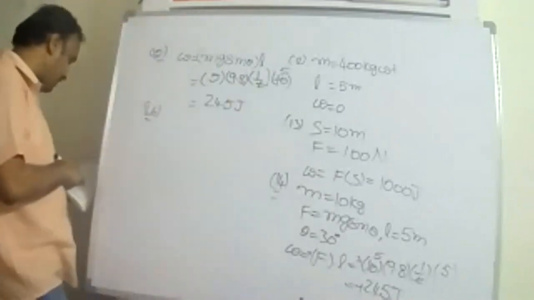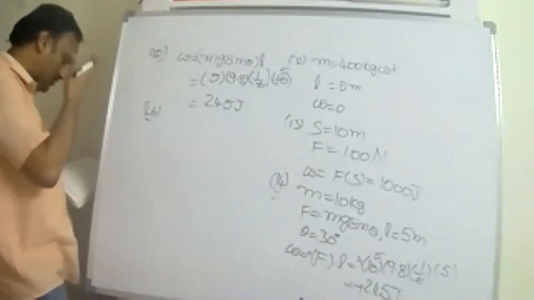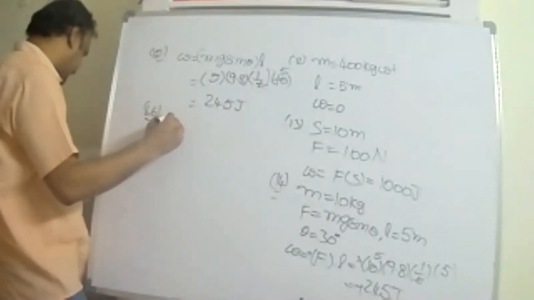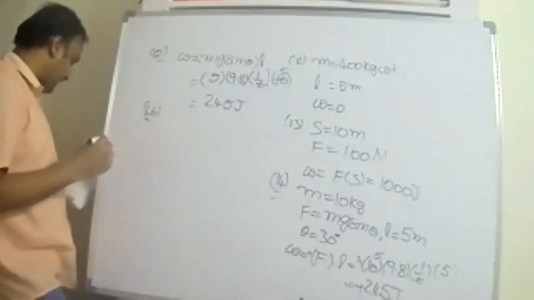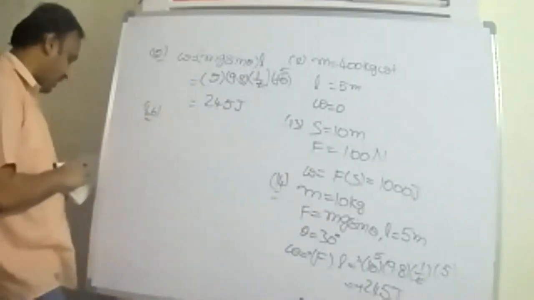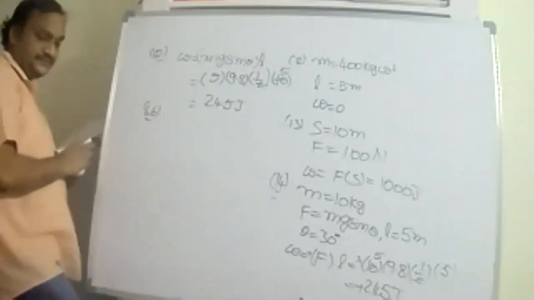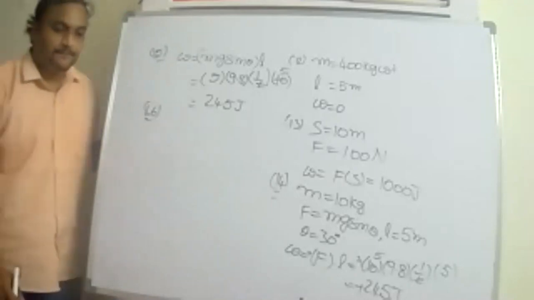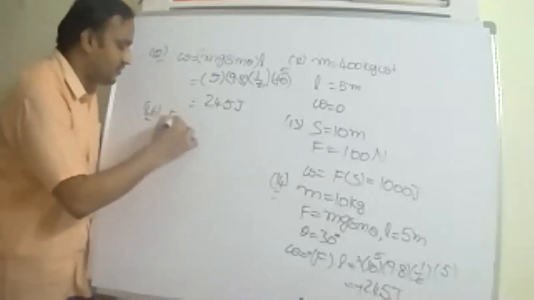Next, a block of mass 250 grams slides down an incline of inclination 37 degrees with a uniform speed. Find the work done against the friction as the block slides through 1 meter. The block is not accelerating, so net force is 0.